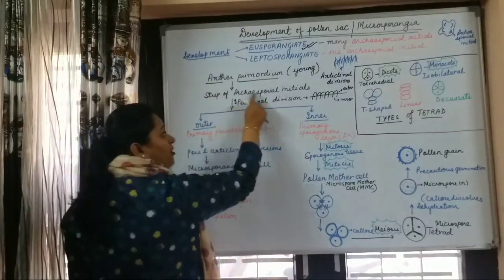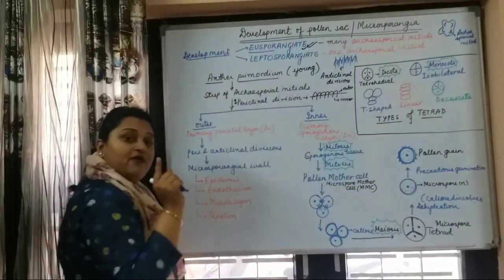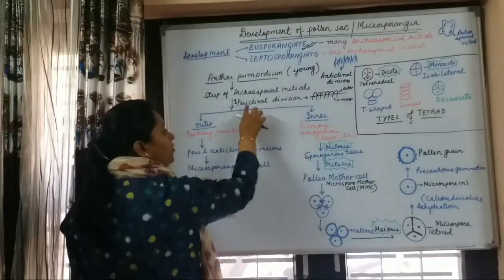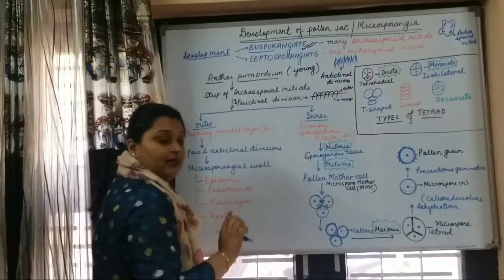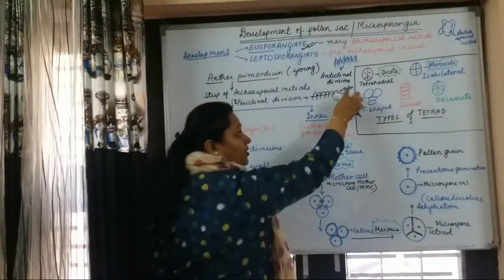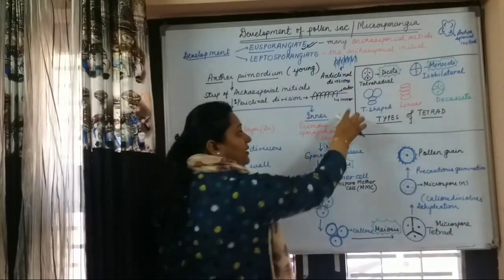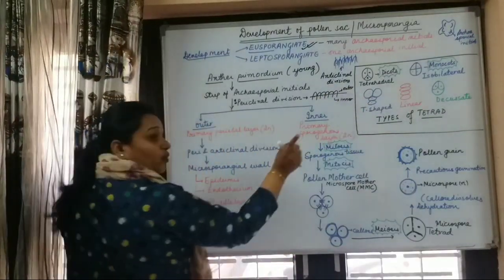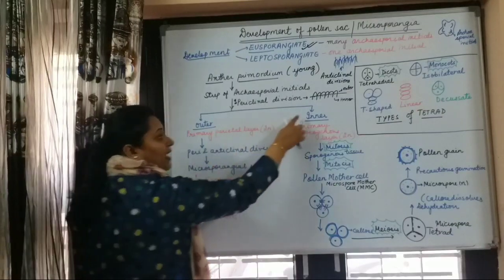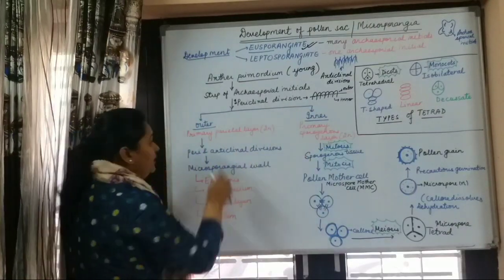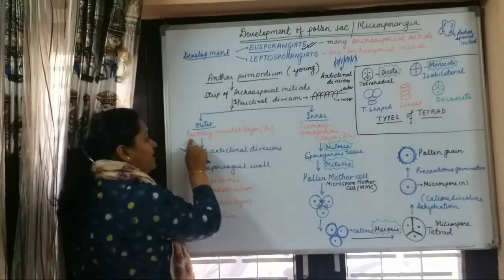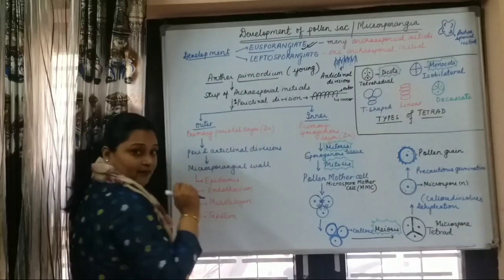So a strip of archisporial initials first undergoes periclinal divisions. That means we get an outer layer and an inner layer. The outer layer behaves as the primary parietal layer.